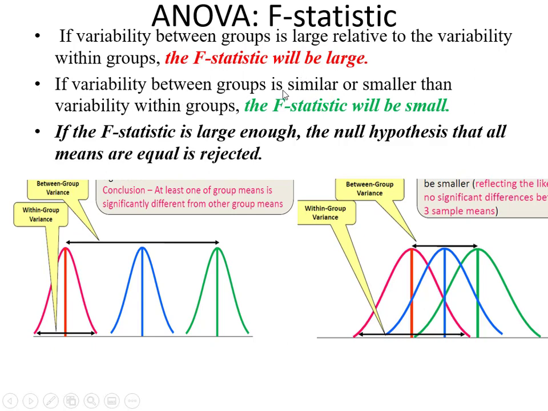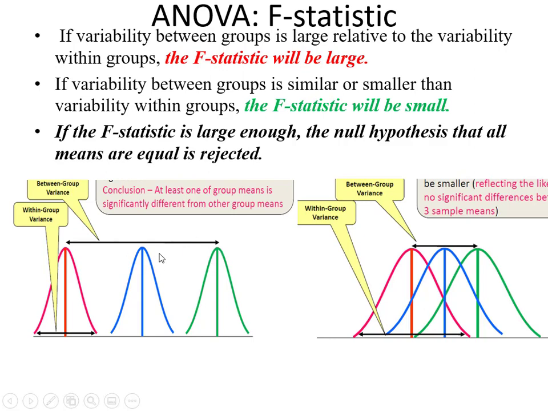If variability between groups is similar to or smaller than variability within groups, the F statistic will be small. So you can see this is the variability within group and this is the variability between group. The black line for variability between groups is very small as compared to the variability within groups.